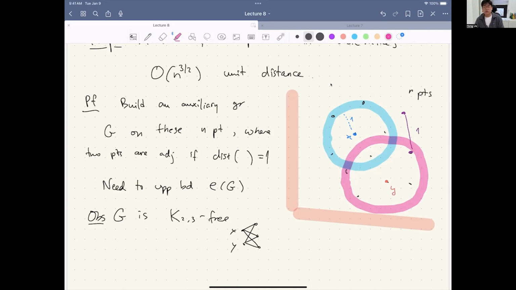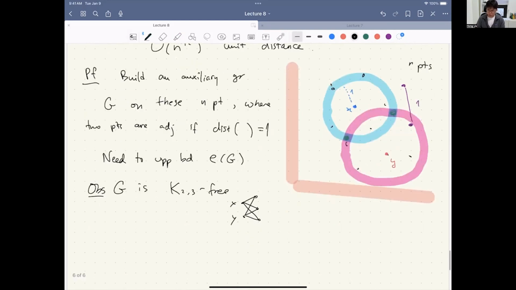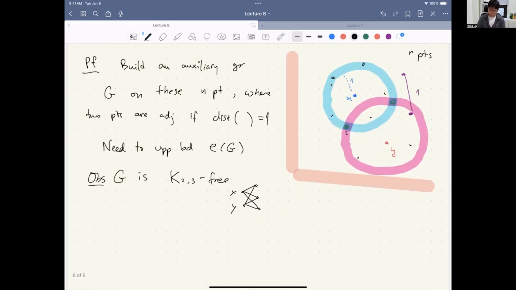So 2 circles can only intersect at 2 points. I will not write the details. It's clear from the picture. So the result follows from KST.